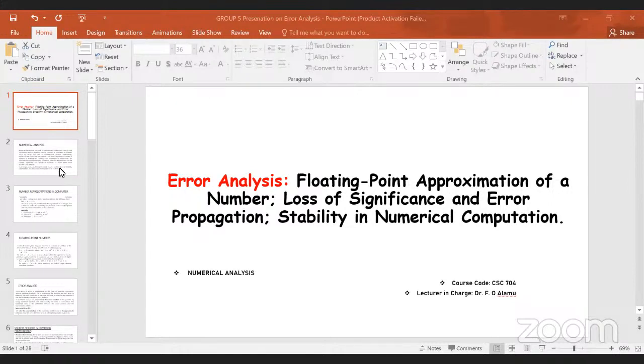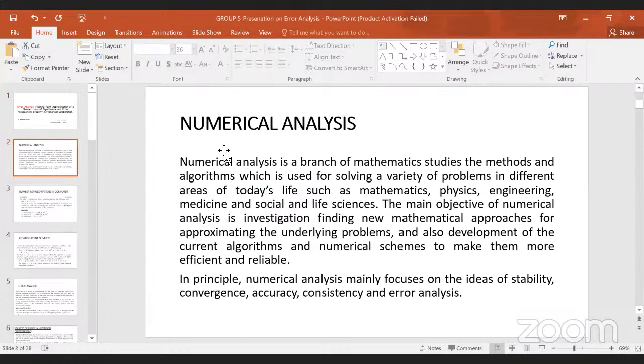First and foremost, we need to understand what numerical analysis is about. Numerical analysis is a branch of mathematics that studies the methods and algorithms we use while solving different problems.